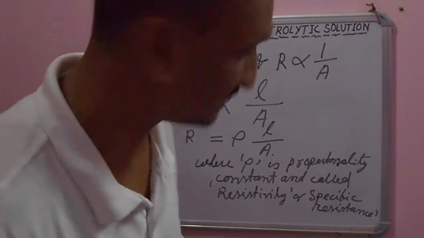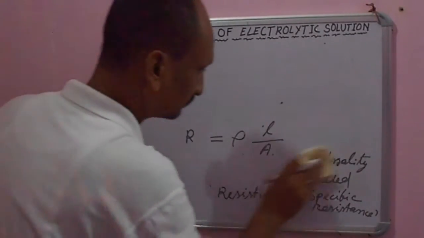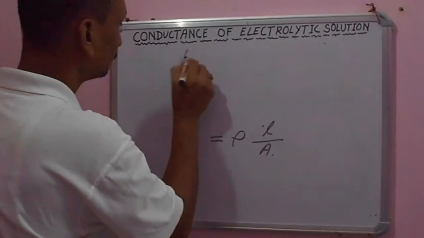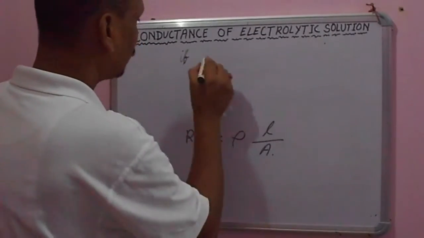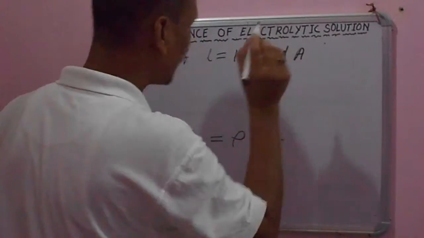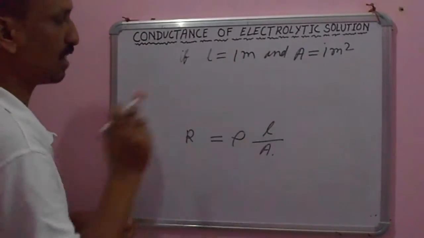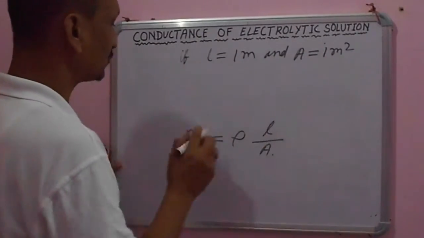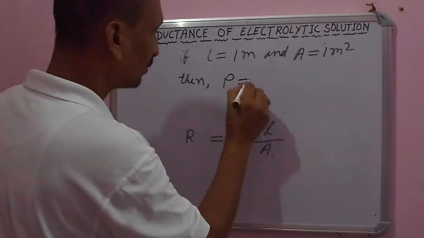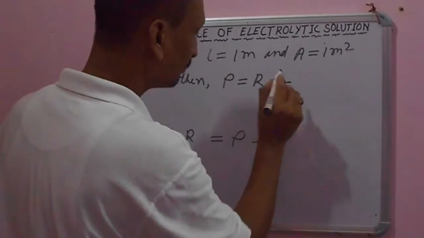So why specific resistance? You see here, if L is equal to 1 meter and area of cross section A is equal to 1 meter square, then rho will be equal to R, and the unit will be ohm meter.